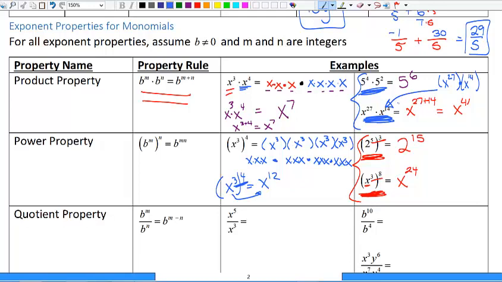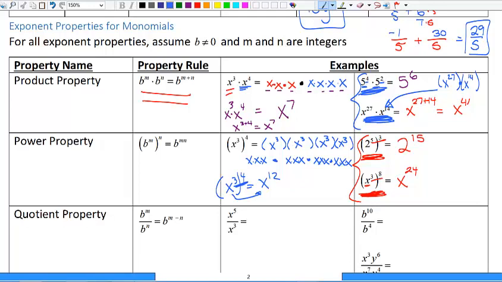So how can you know when to multiply and when to add? The parentheses might not be a very good indicator. The best indicator I have found is to count the number of bases. If you have two bases and two exponents, two bases being the same base and two exponents, that means you're going to add the exponents.